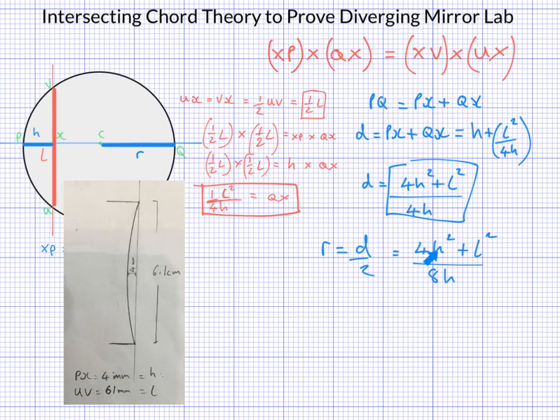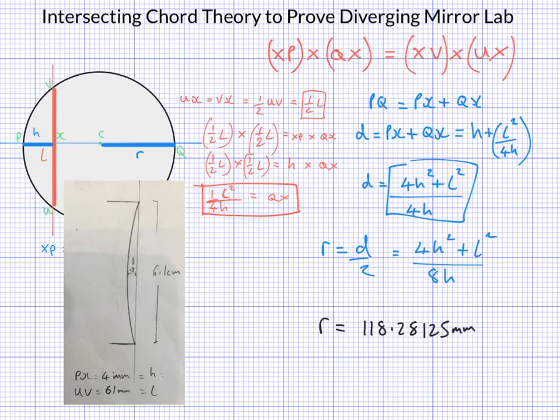So if I plug those into here and here, I get a value for the radius of this circle, or the center of curvature of this diverging lens, of 118.28125 millimeters.